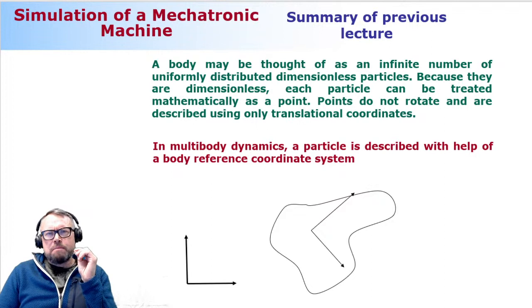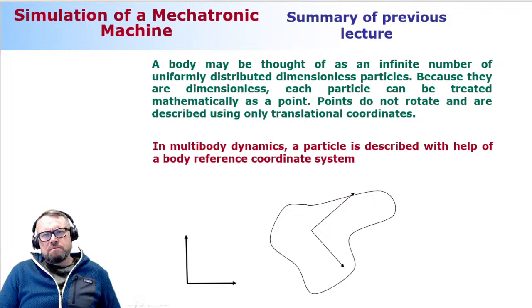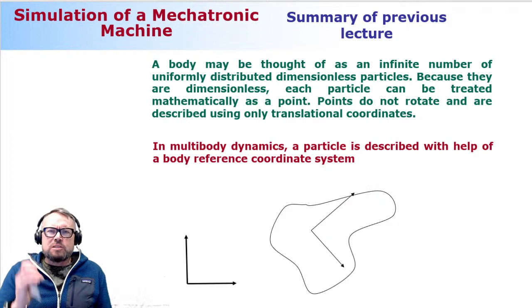It's like a mathematical quantity, something that you cannot see in real life, but that helps us to define bodies. If you want a physical interpretation, the particle is a tiny dot. Because it's so tiny, it doesn't have rotational degrees of freedom. No rotational degrees of freedom.